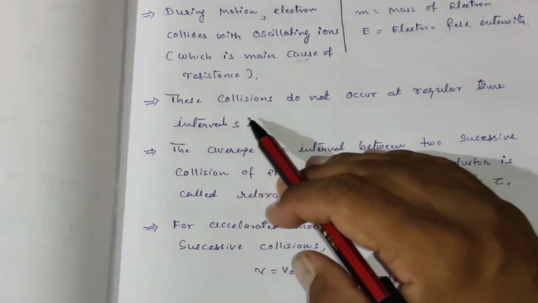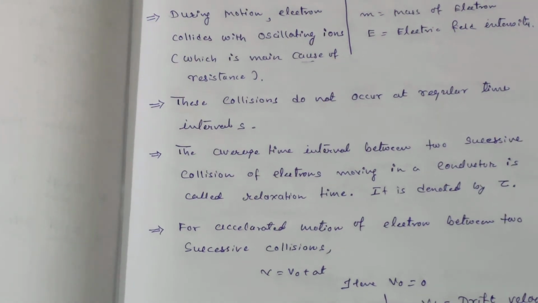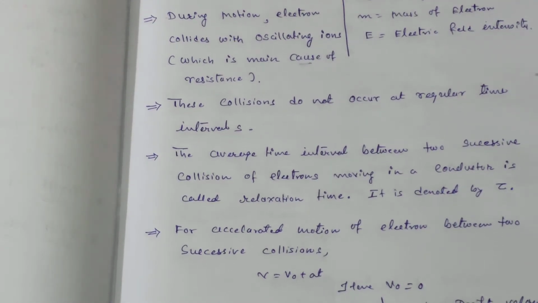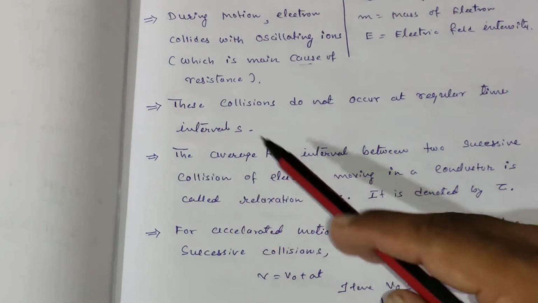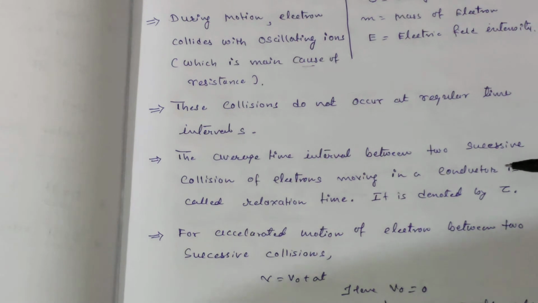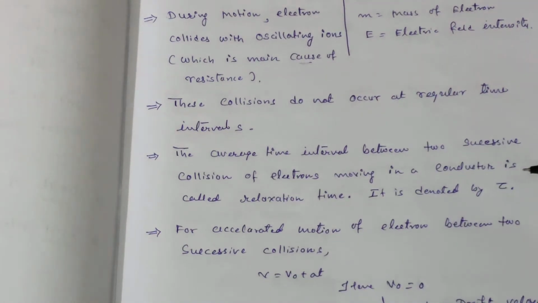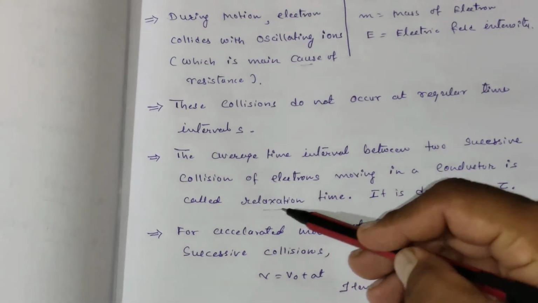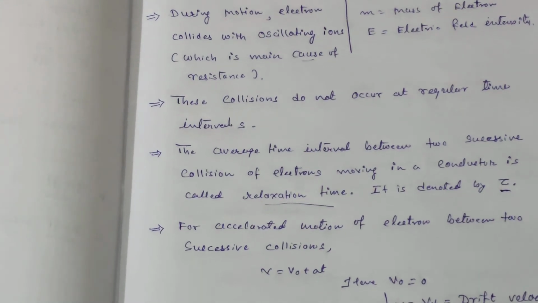These collisions do not occur at regular time intervals, but wherever the electron collides with an ion, the direction changes and some energy also decreases. The next point: the average time interval between two successive collisions of an electron moving in a conductor is called the relaxation time, which is denoted by tau.